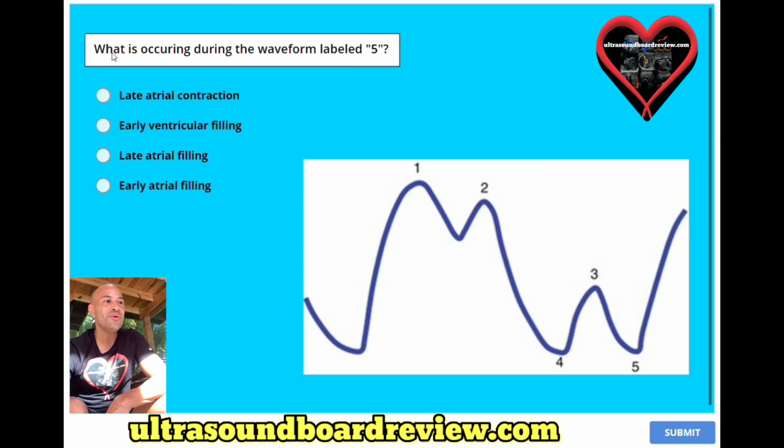Question number 9. What is occurring during the waveform labeled 5? A, late atrial contraction, B, early ventricular filling, C, late atrial filling, or D, early atrial filling?